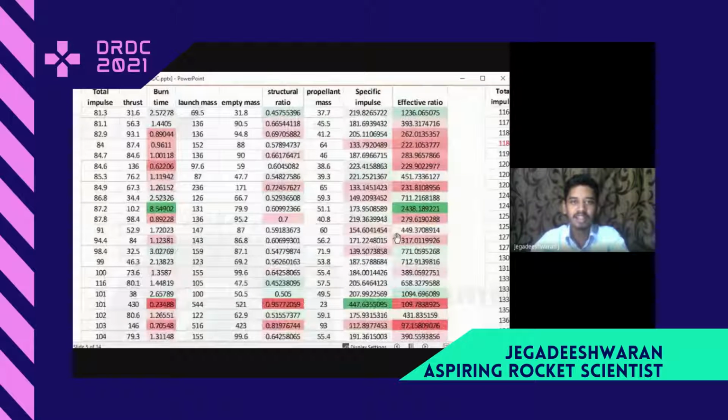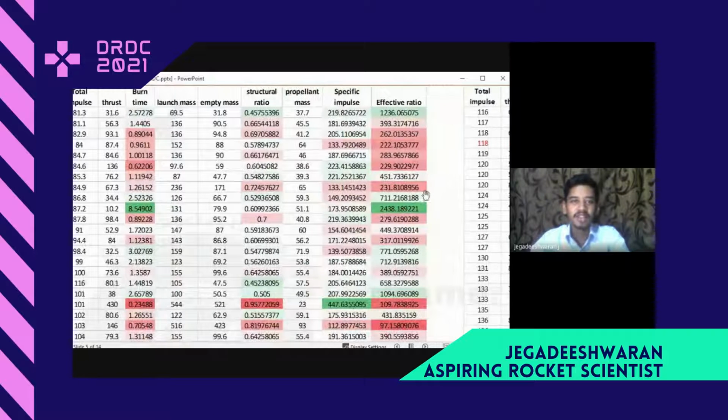What I did is I made an effective ratio, which means I just multiplied the burn time and specific impulse and divided it by the structural ratio. That means the denominator value should be less and the numerator values will be high for the effective ratio, which gives the maximum value for the effective combination of these parameters.